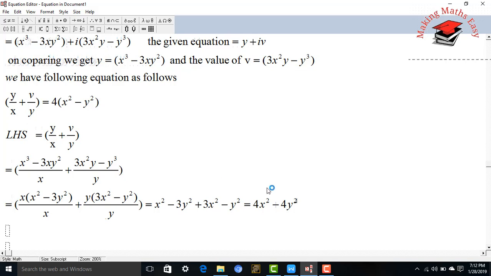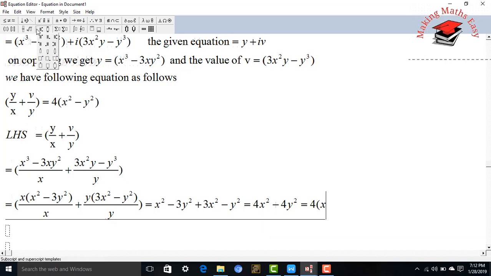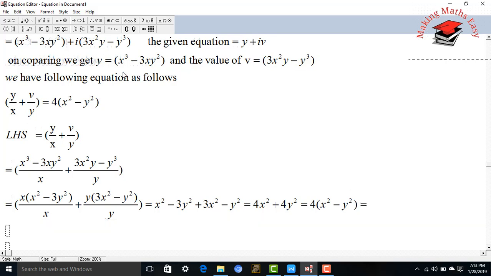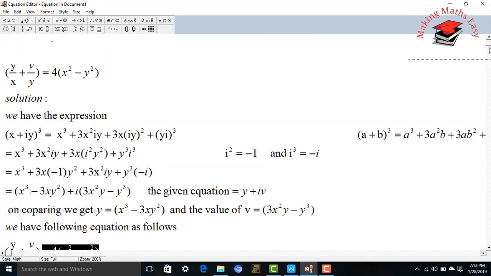So hence we have proved, and take 4 as a common over here, so it will become 4 times x square minus y square, which is equal to RHS. So LHS is equal to RHS in this case. So we have done with the sum, we have completed the sum. We have proved that y upon x plus v upon y is equal to 4 into the x square minus y square, according to this sum.